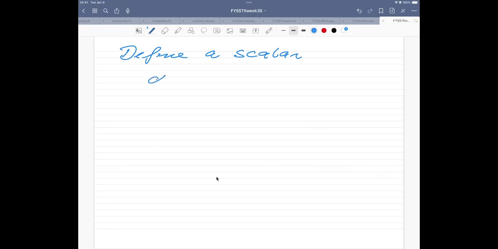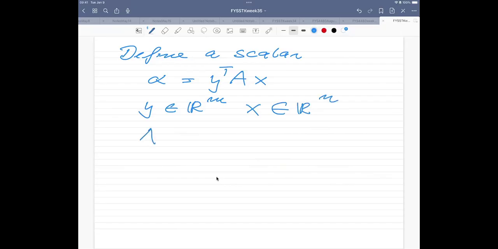So we define a scalar alpha, which is given by a vector y transposed times a matrix A and times a vector x. So again, y is a vector of length m, x is a vector of length n, and A is again a matrix which does not depend on y and x, and it's a matrix of dimension m times n.